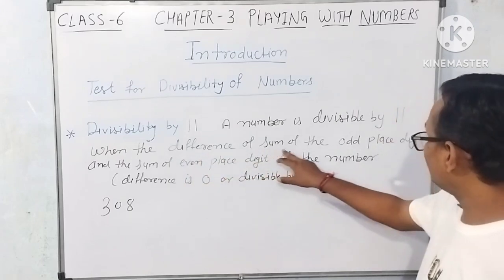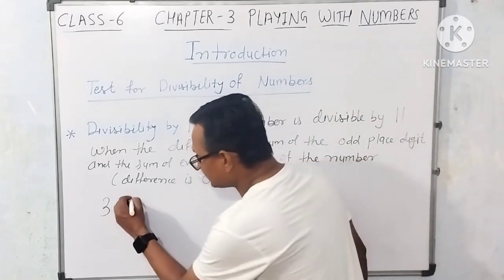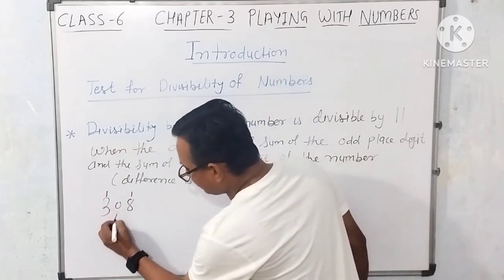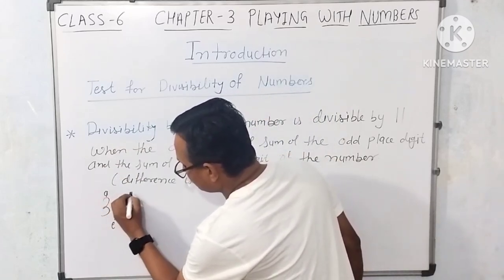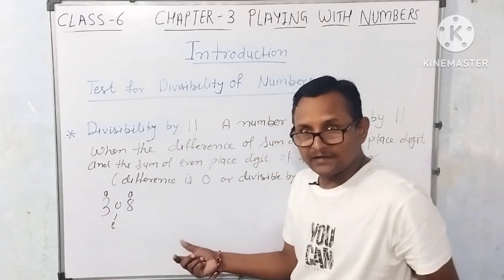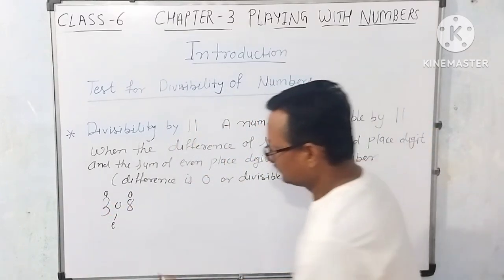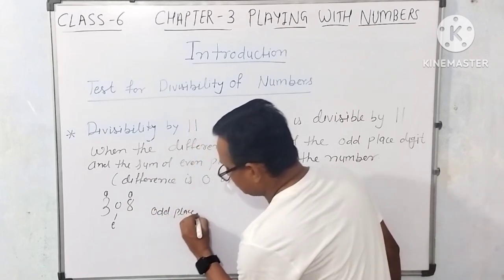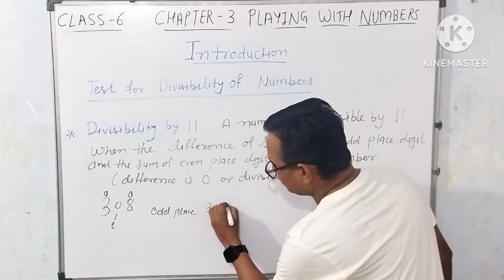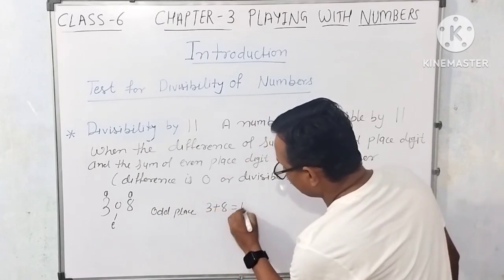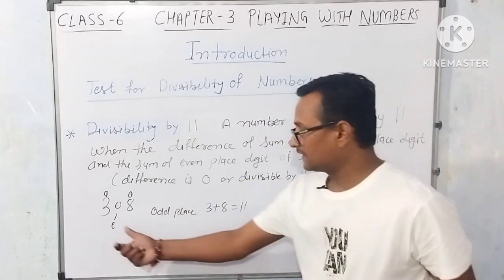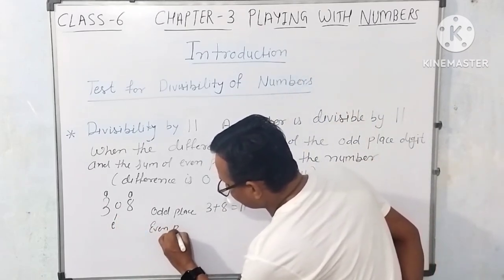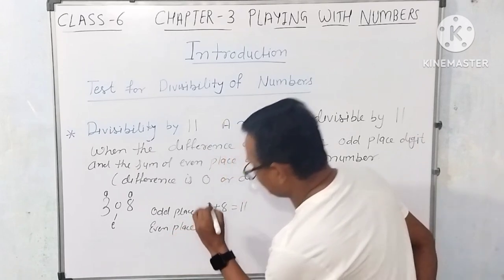When the difference of the sum of the odd places and the sum of the even places. Now here the odd places are this one and this one. This is the even place. So the sum of the odd places: 3 plus 8 equal to 11, and the sum of the even place is only 0.